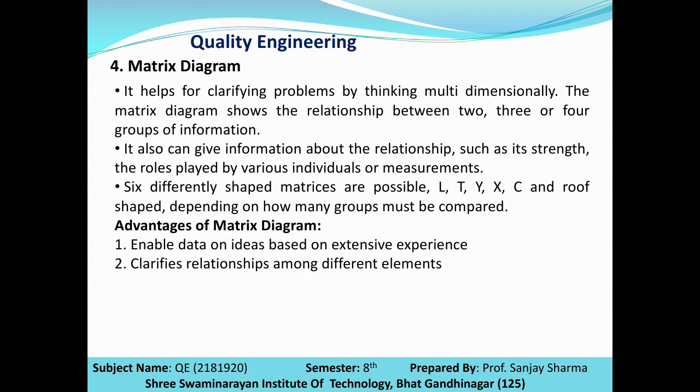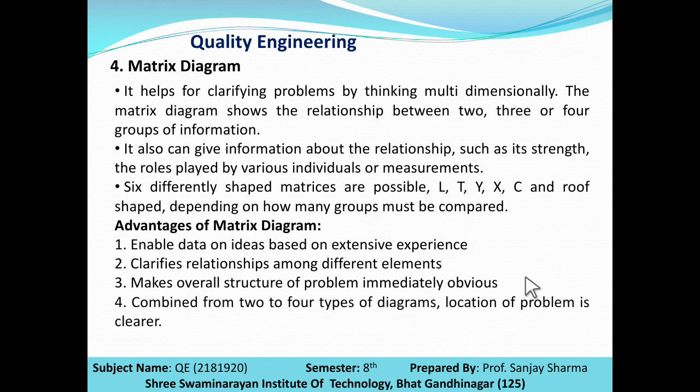Second, it clarifies relationships among different elements. It makes the overall structure of problems immediately obvious. Third, when you combine two to four types of diagrams, the location of the problem is clearer.